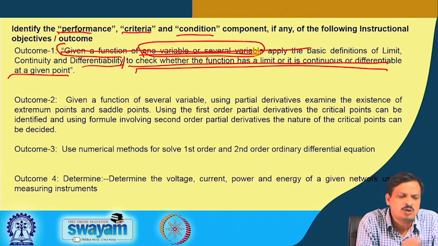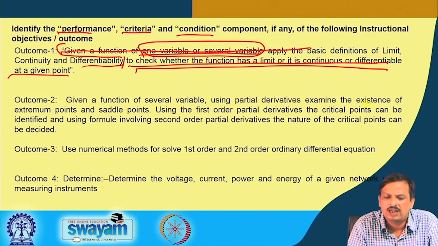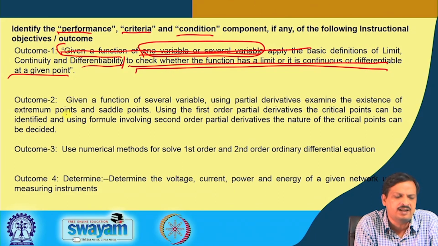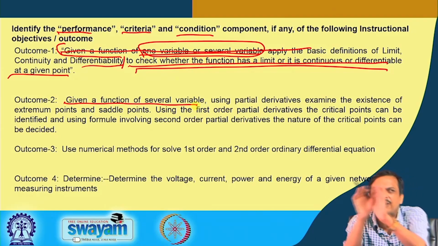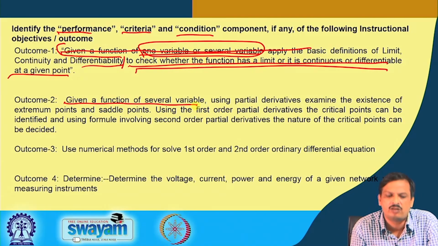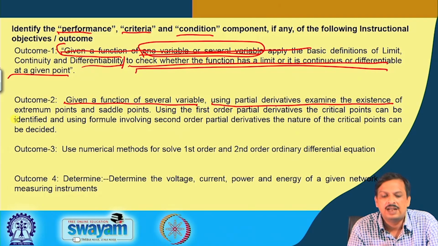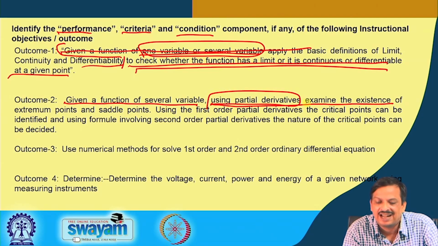Okay. Option 2: given a function of several variables, using partial derivatives, examine the existence of the extremum point and saddle point. So a function of several variables is given to you. So that is a condition component. Using partial derivatives, all are condition components.